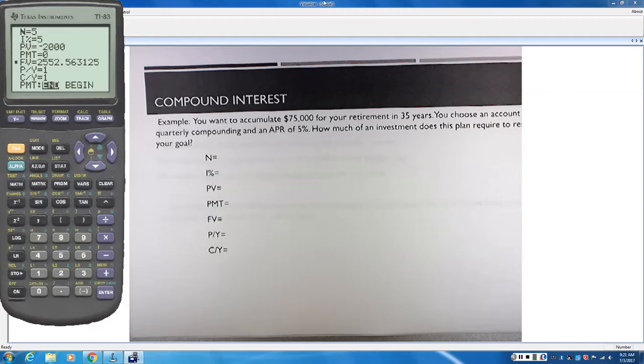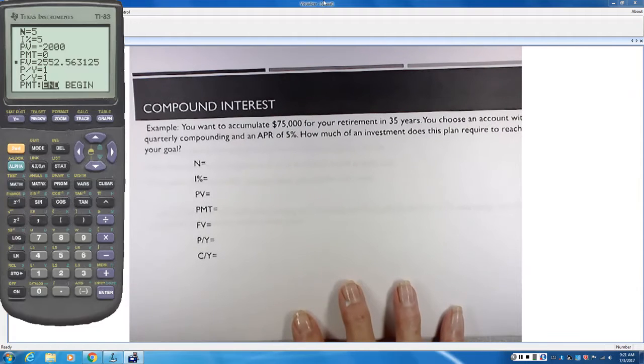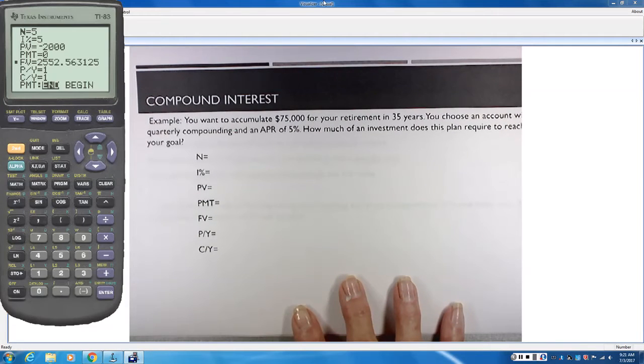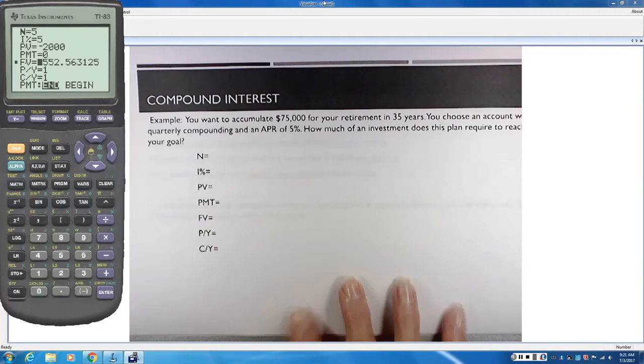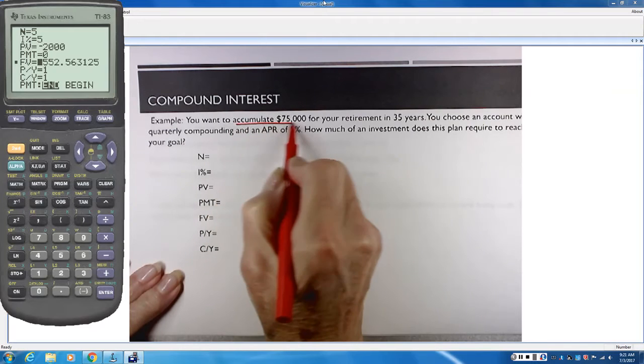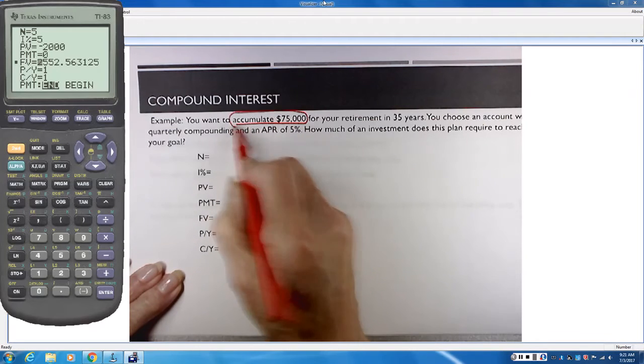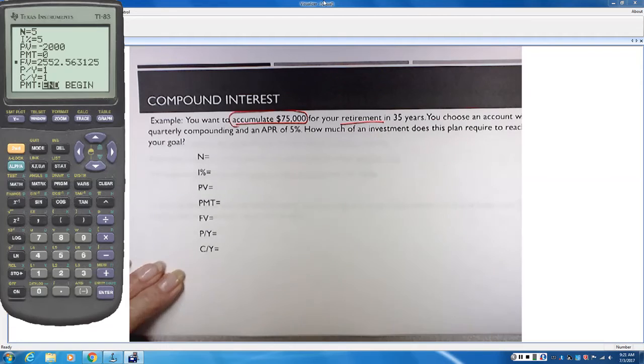Okay, we have one more example. And it says you want to accumulate $75,000 for your retirement. Okay?